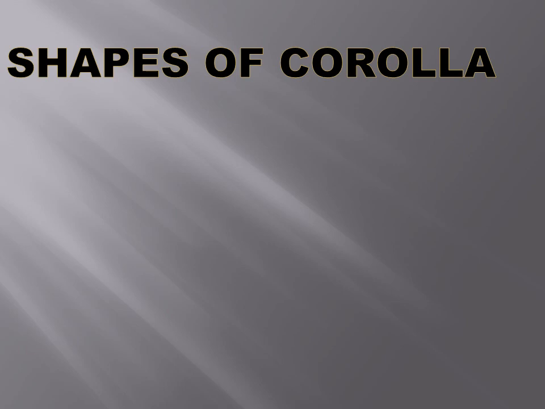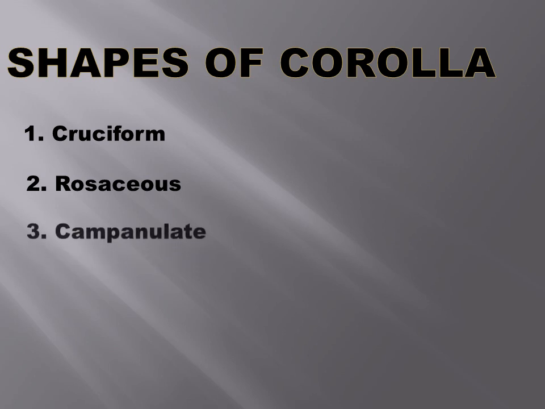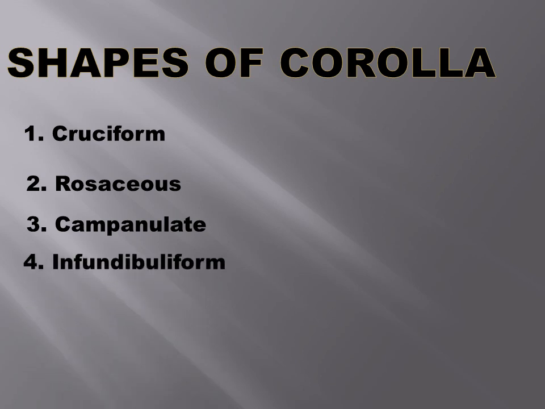Now let's talk about the different shapes of corolla. The corolla has different shapes in different families of flowers. The first one is cruciform. The second one is rosaceous. The third shape is campanulate. The fourth shape is infundibuliform.